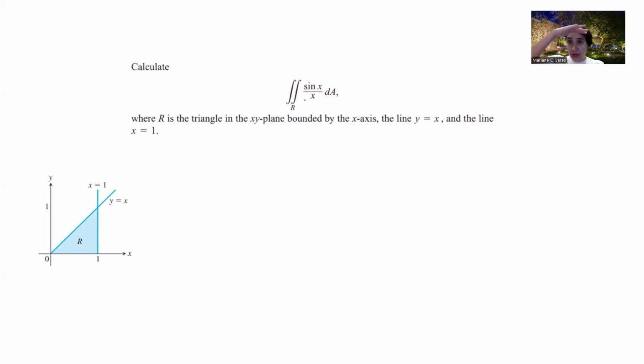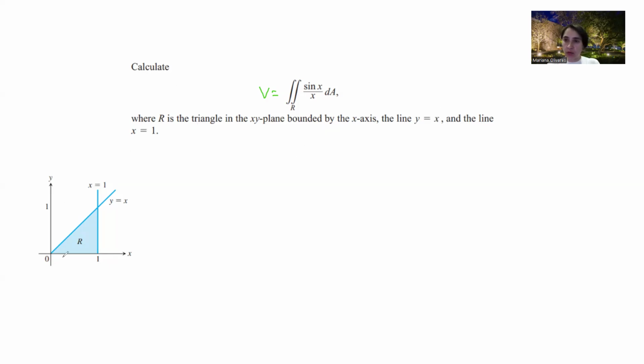We have here in the top the sine of x divided by x, and here we have the differential of area. So basically, this formula is calculating a volume, okay? They are not telling us, but this is actually a volume, where R is the triangle in the xy plane bounded by the x-axis, the line y equal to x, and the line x equal to 1.